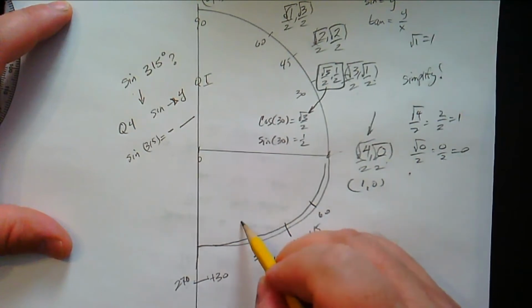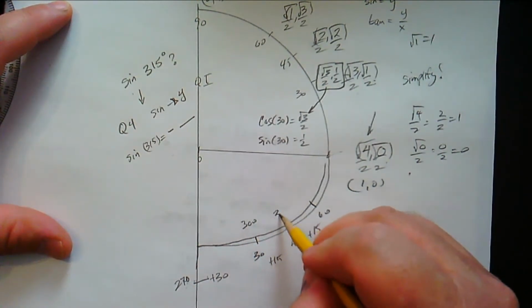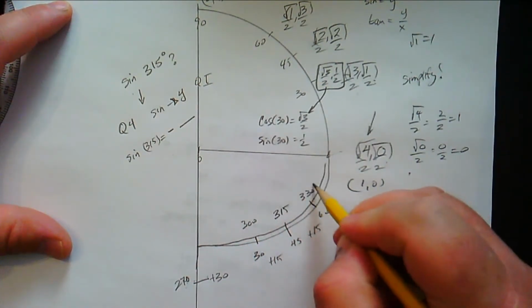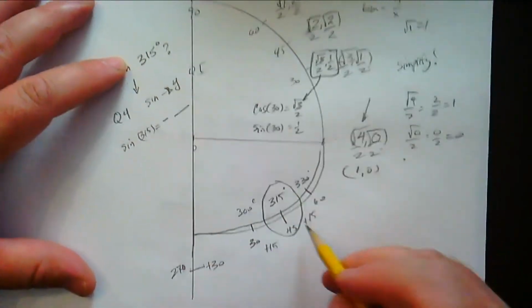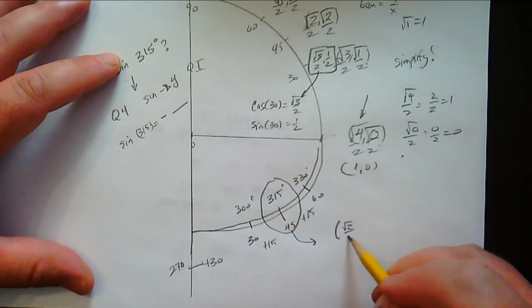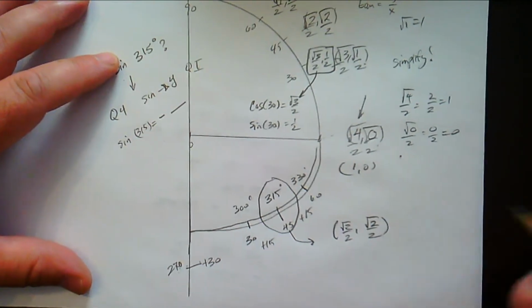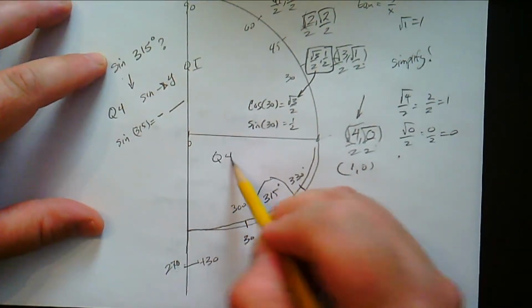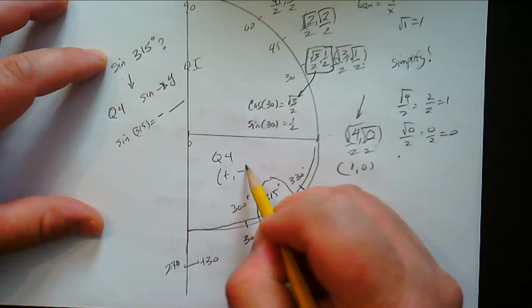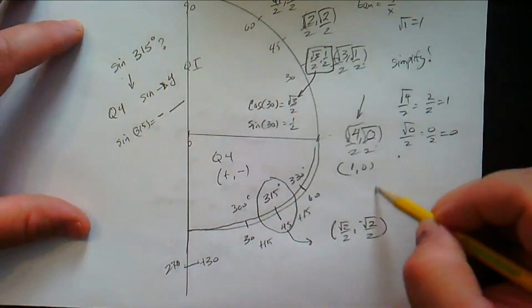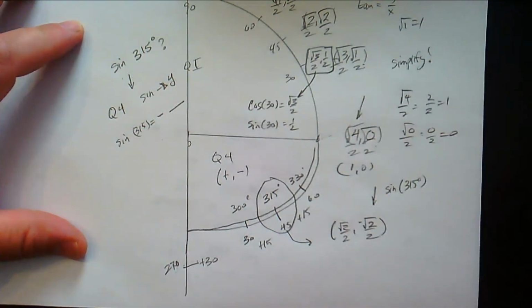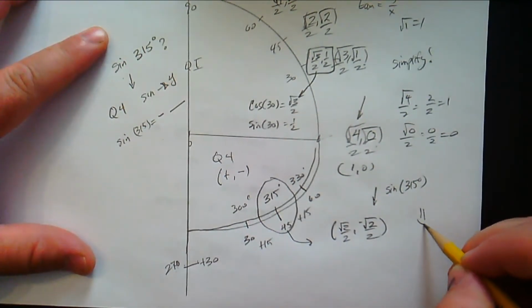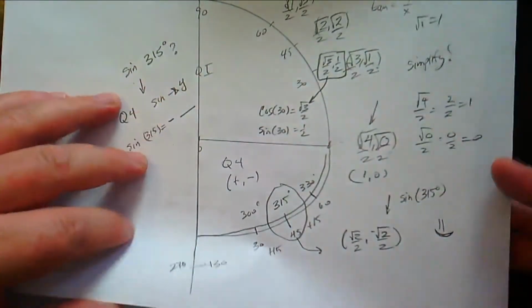So that's how you get the 300, 315, and 330, because it's 30 more than 270 and then 45 more, and so on. So 45 degrees is root 2 over 2 for both X and Y. All you got to do is worry about the sign based on your quadrant. So the sine of 315 degrees, as we can see right here, is negative square root of 2 over 2, boom, and we are done.